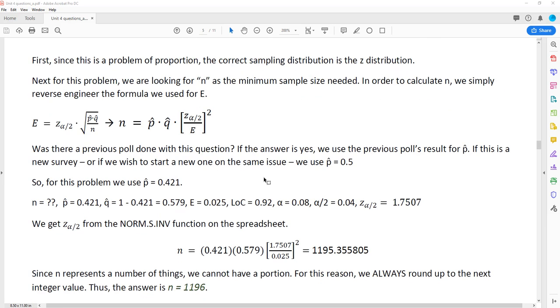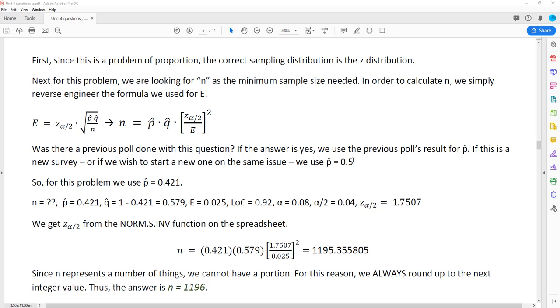Now that we know the sampling distribution and we know the formula, the next question that you should ask yourself is, was a previous poll done with the same question? If the answer is yes, we use the previous poll's result for p hat. If this is a new survey, or if we wish to start a new one on the same issue, we use p hat equals 0.5.